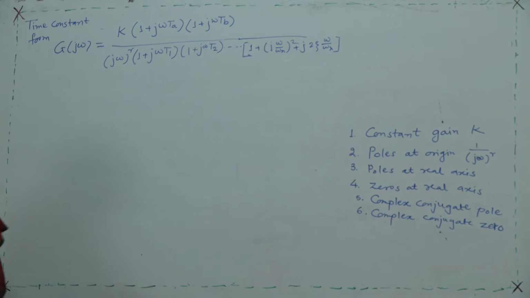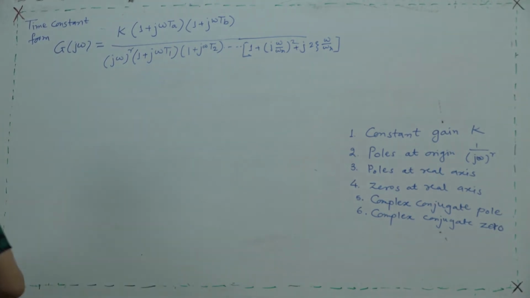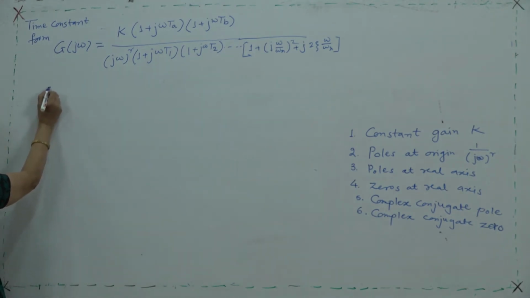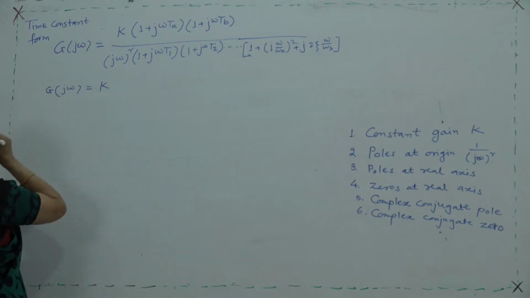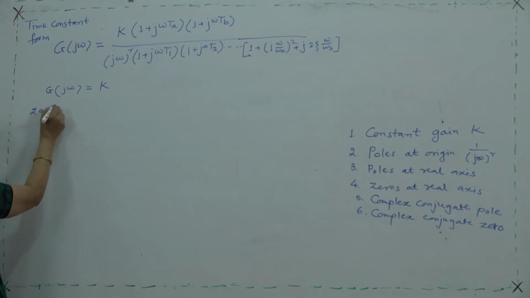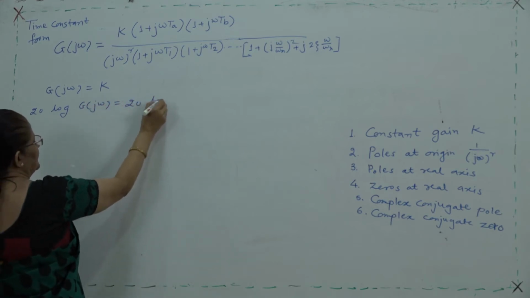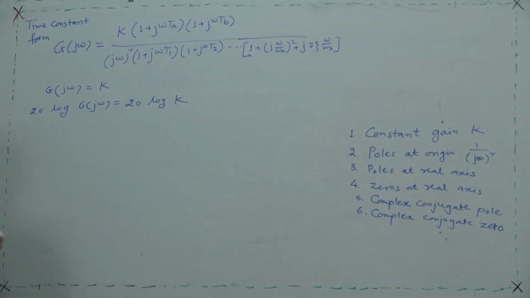So, first consider constant gain k. For the constant gain k, what we are considering here is that G of j omega is k, only the term. Then what you will get? 20 log of magnitude of G j omega is equal to 20 log of k. So, in the Bode plot, how will you get this value?